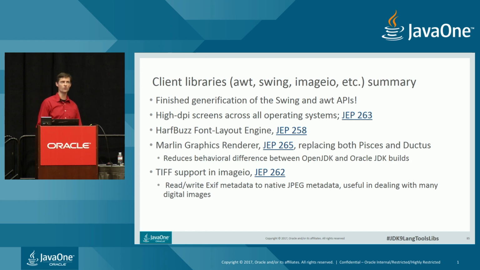This removed one of the major remaining behavioral differences between Oracle JDK and OpenJDK. So now the JDKs are using the same implementation code in both circumstances. And for the photographers who also use Java, there's now support for TIFF images, including the EXIF metadata.